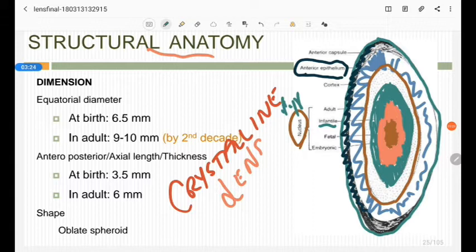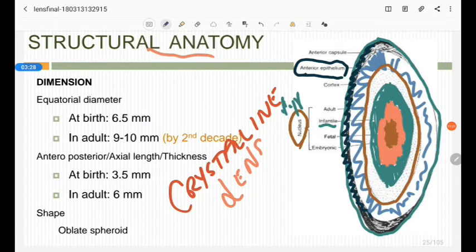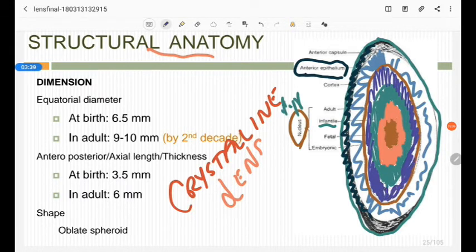And the final stage the nucleus reaches is the adult nucleus. That completes the structural divisions of the nucleus.